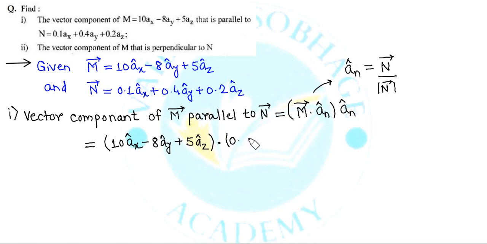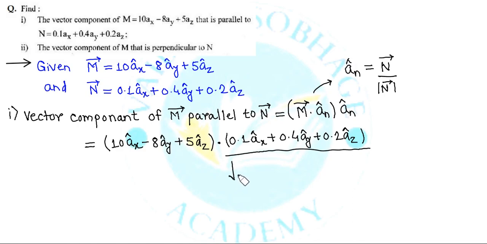So what is your vector n? We have that to be 0.1 ax cap plus 0.4 ay cap plus 0.2 az cap divided by its magnitude. So what is the magnitude of vector n?